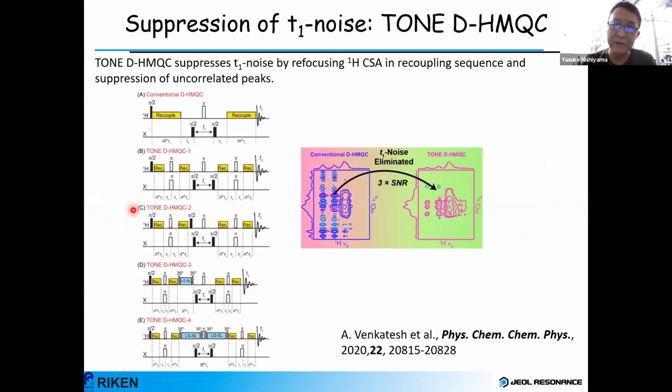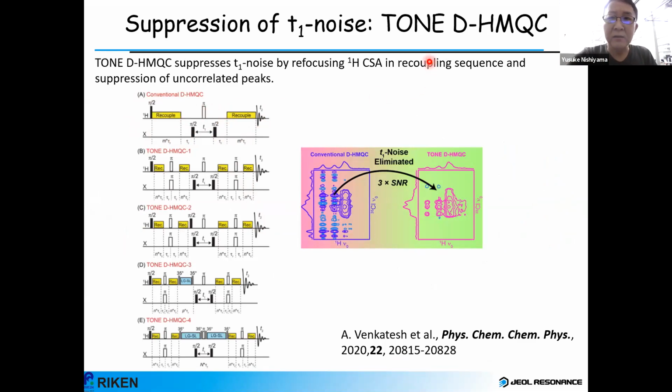Another approach was proposed by Amrit and Aaron Rossini this year. As we discussed, HMQC introduced T1 noise because of the spinning fluctuation. Actually, most of these signal intensity fluctuations come from proton chemical shift anisotropy.